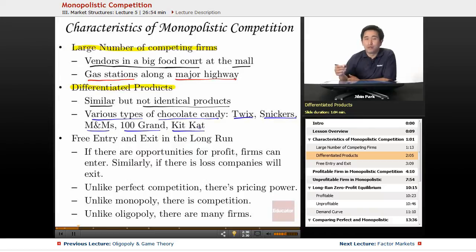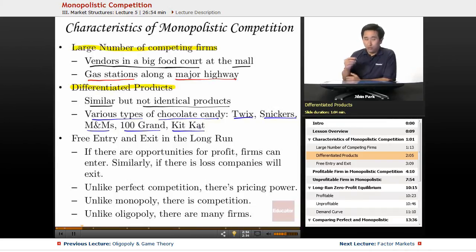There are similar but not identical jeans. There are similar but not identical economics textbooks. So there's tons of different products out there, with different ways of producing the same or similar type of product. So that's one characteristic of monopolistically competitive markets.